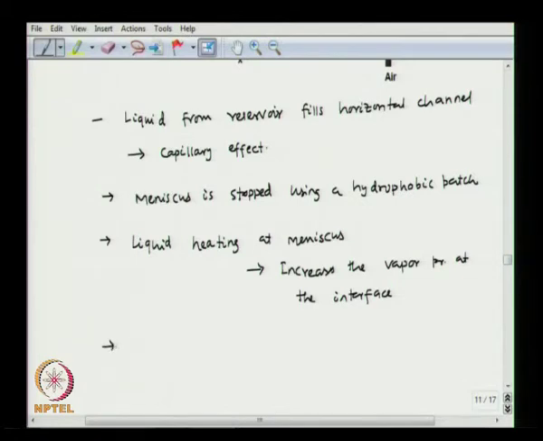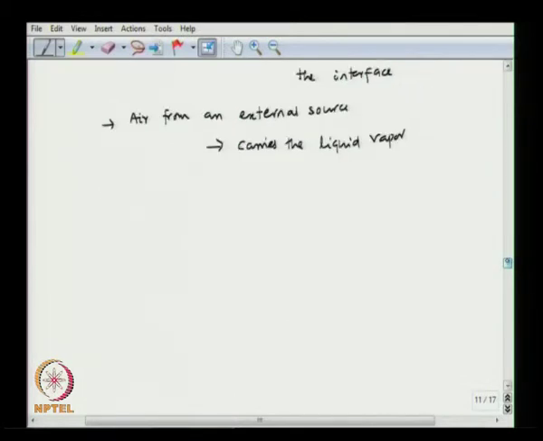So, we would have air from an external source, and the air will carry the liquid vapor, and that would create a vapor pressure gradient.